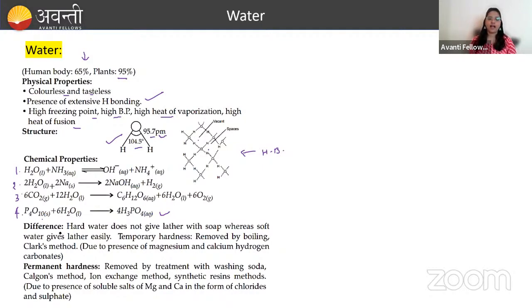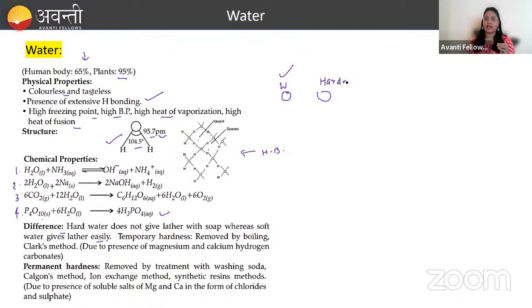The differences are these: hard water does not give lather with soap, whereas soft water gives lather easily. In some areas of our city, you will observe that the water gives maximum lather, and at other places, water doesn't give any lather with soap. Why is that happening?